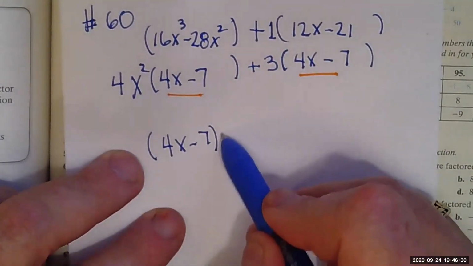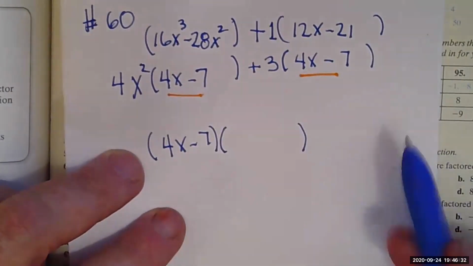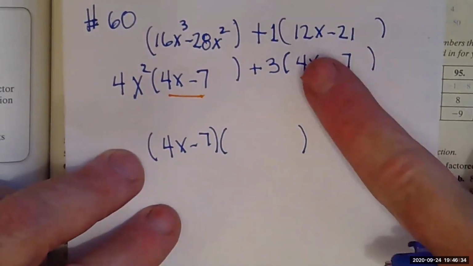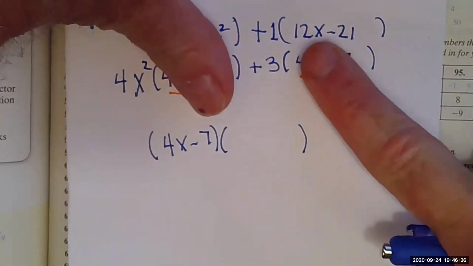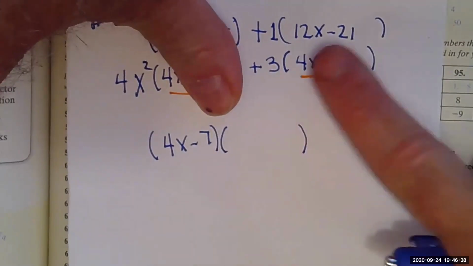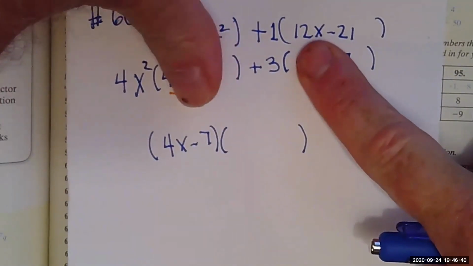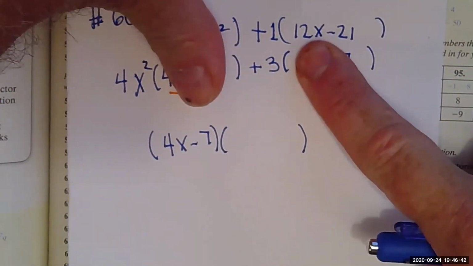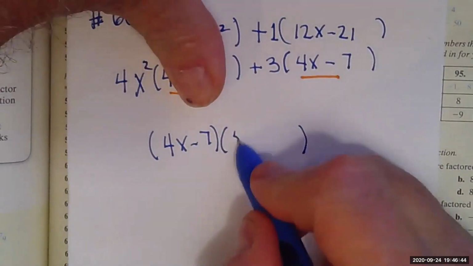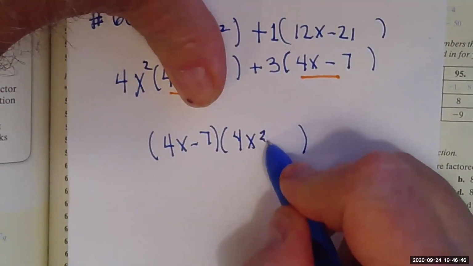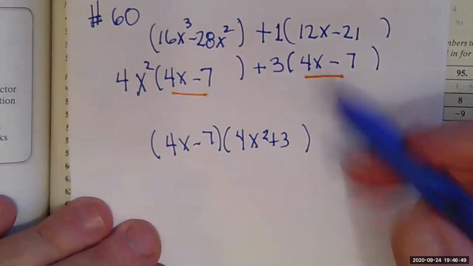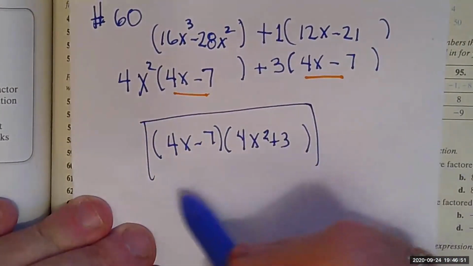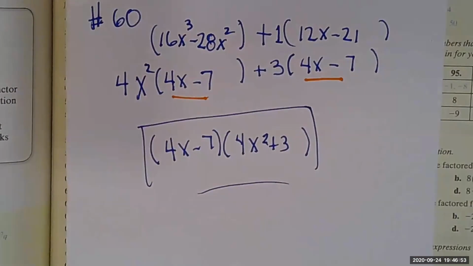And then times what's left over. It's as if I pulled that off both of them and stuck it out here. You have left over x squared. Yes, that's right. 4x squared plus 3. And now you're done, because it is a product of 2 binomials.